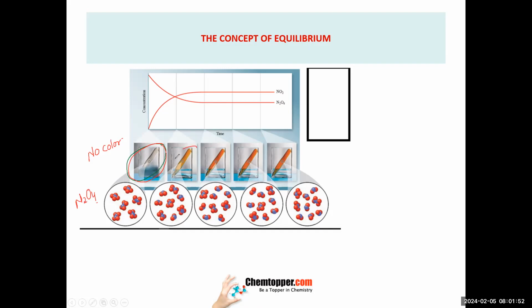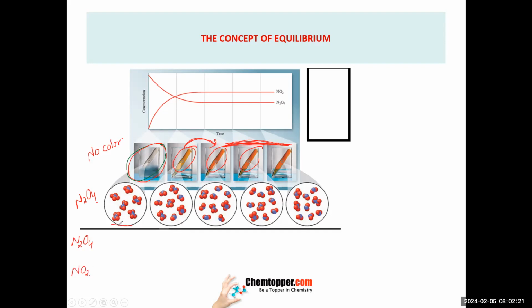Can you see the brown color now? And the intensity of the brown color from here to here increased. But after that, what is the intensity of the brown color? Constant, not changing. So let's write down the number of molecules of N2O4 and NO2.